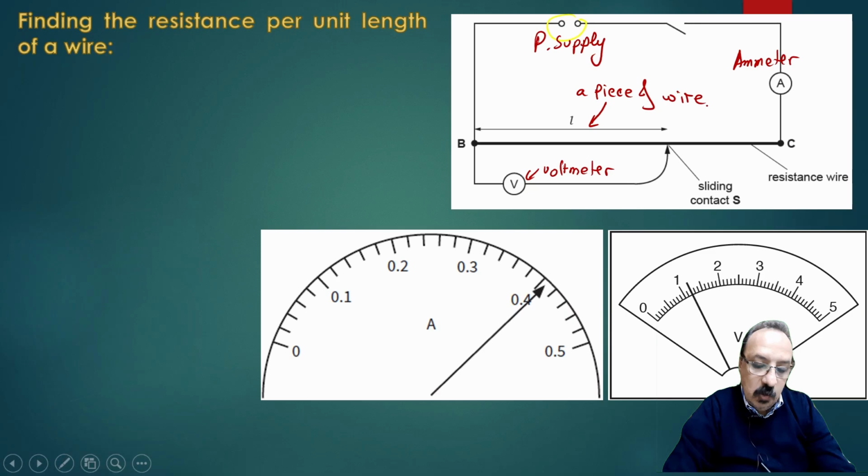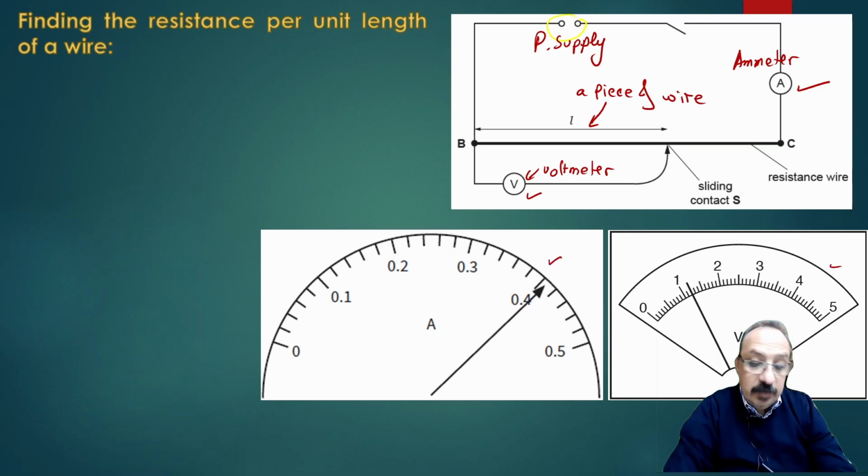Okay, so what we are going to do, we are going to connect this circuit. We close the switch, we measure the current using the ammeter, we measure the voltage across a certain length of the wire. Okay, and here are the measurements.